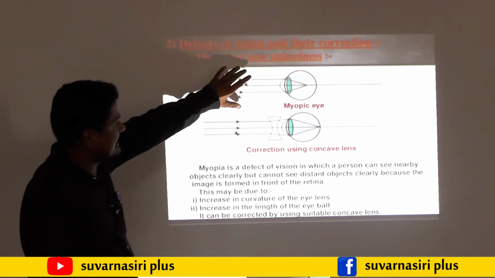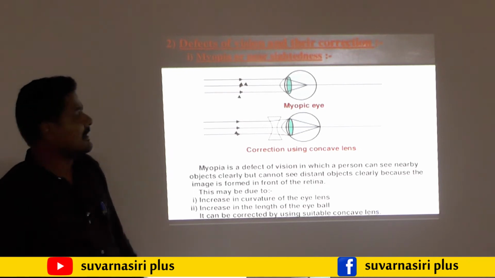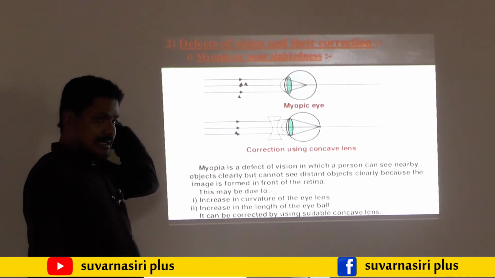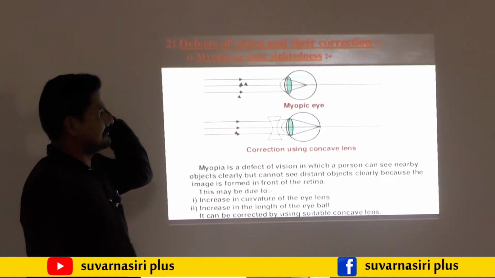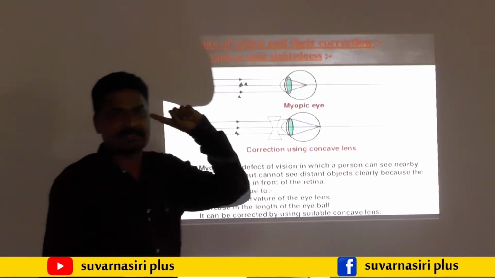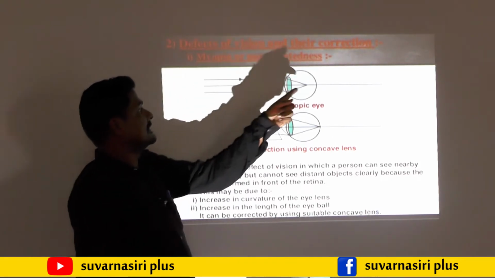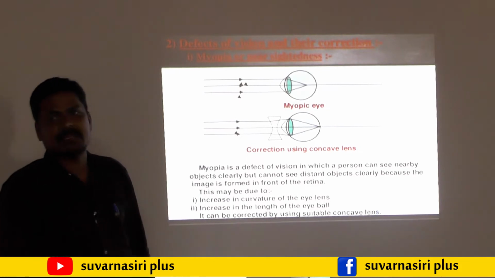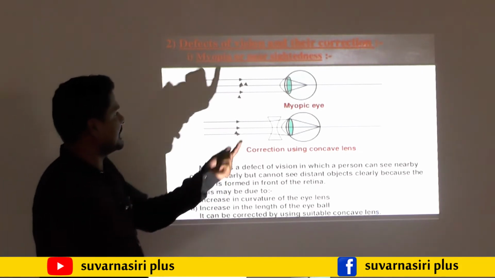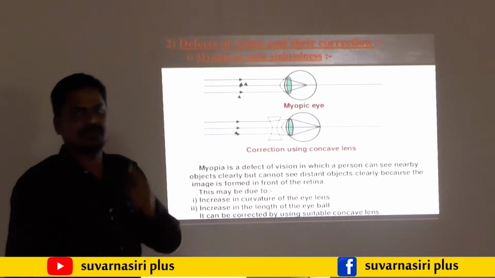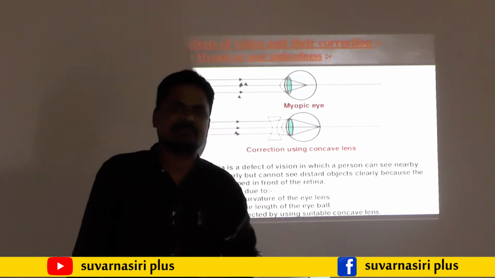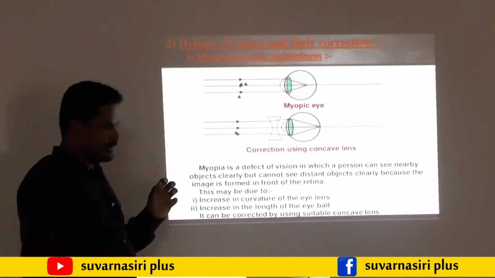Here we can see the myopic eye. If a person is seeing a distant object, the image is not forming on the retina; it is forming in front of the retina. Due to that reason a person may suffer from myopia. What are the causes?